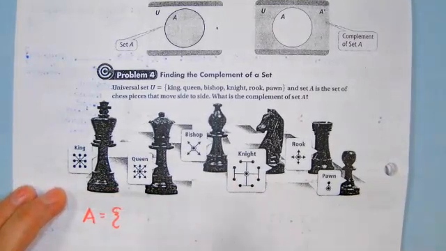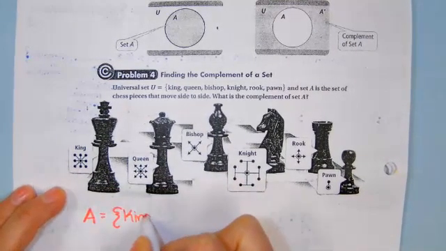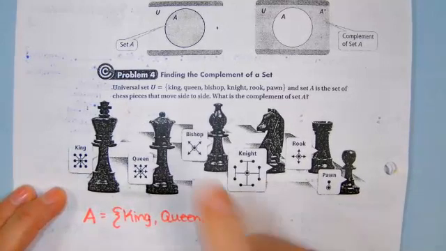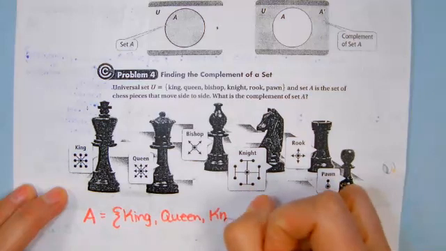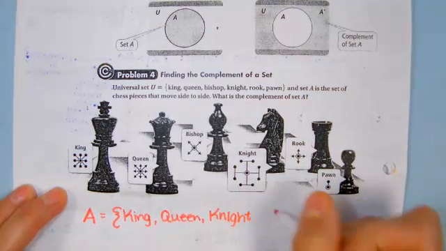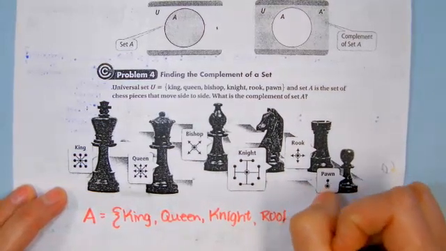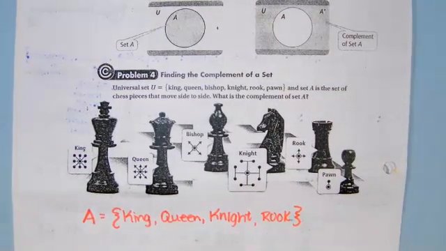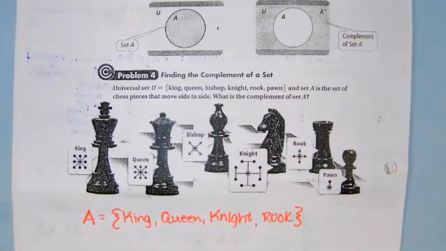If you look, the king can move side to side. The queen can also move side to side. The bishop cannot. The knight can move side to side. The rook can move side to side. And the pawn cannot. So set A is the king, queen, knight, and the rook. Here's our universal set of all of them. That's the big set.